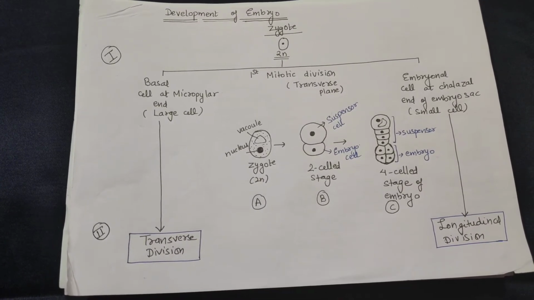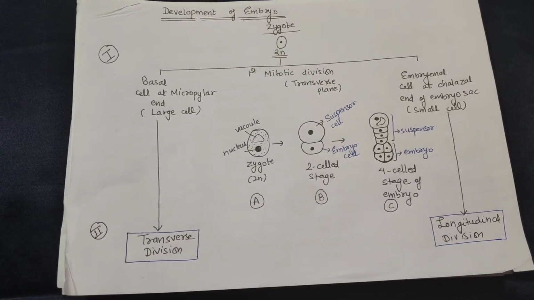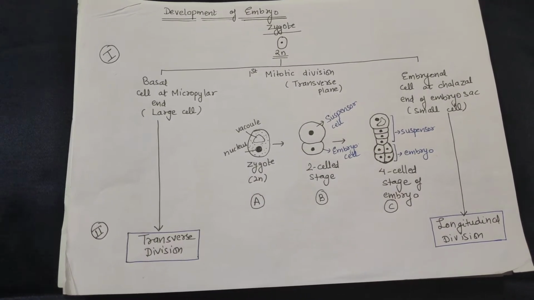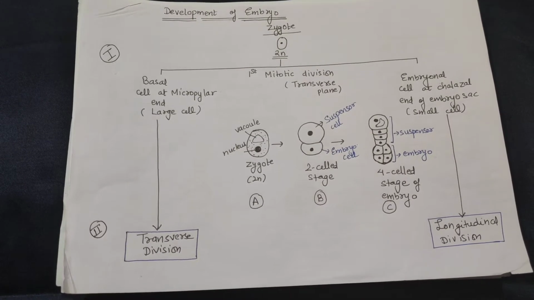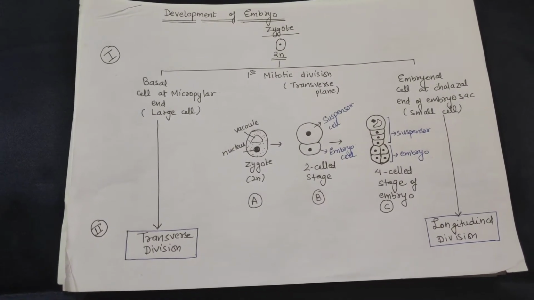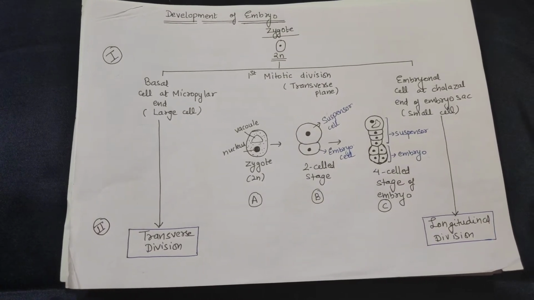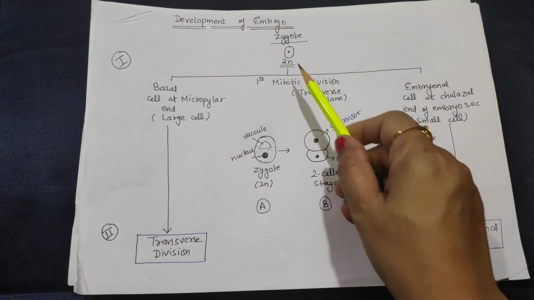Now in this video we will see what is the future of zygote. As the second male gamete fuses with the female gamete, the resultant is the zygote and the process is called syngamy. Zygote is a diploid cell and this zygote first undergoes mitotic division in the transverse plane.